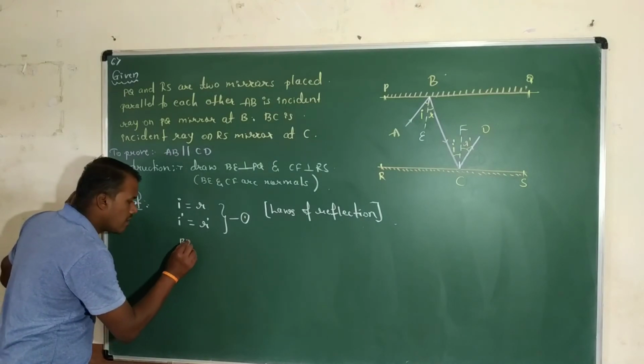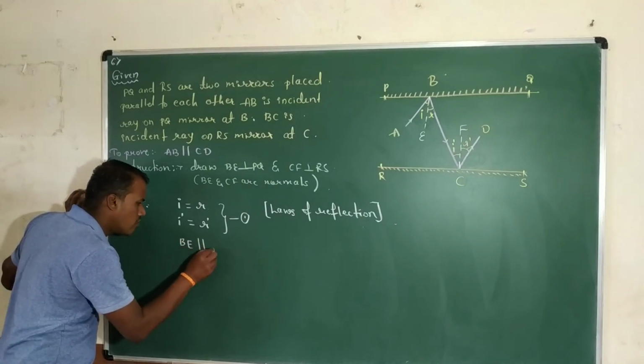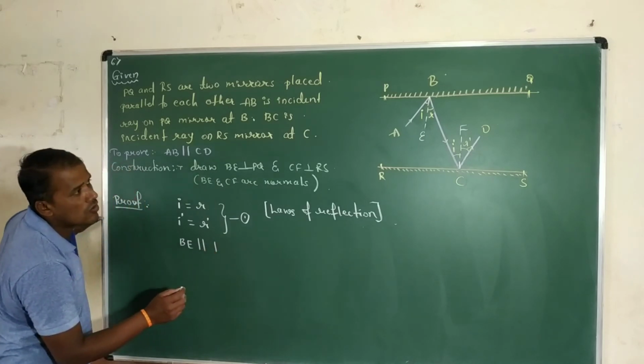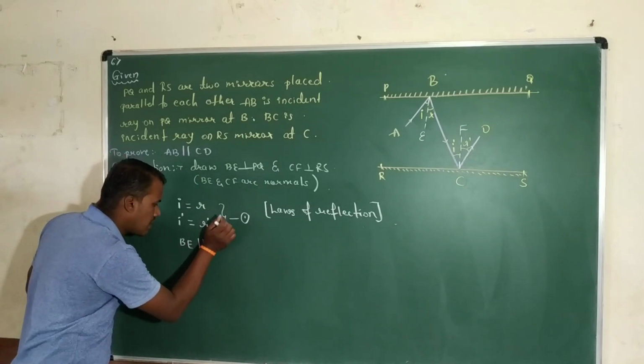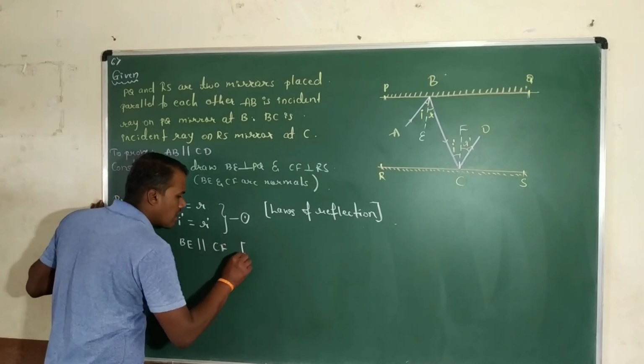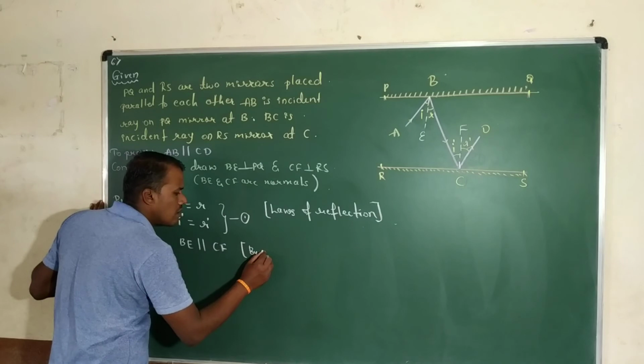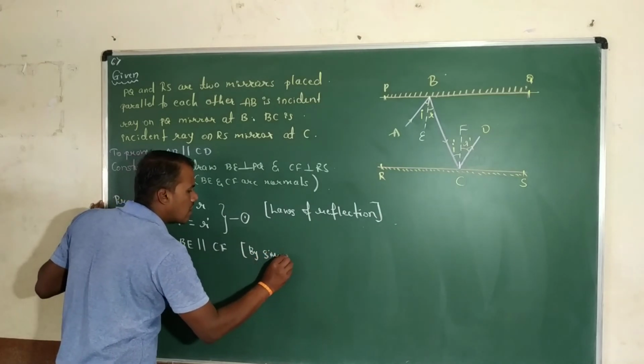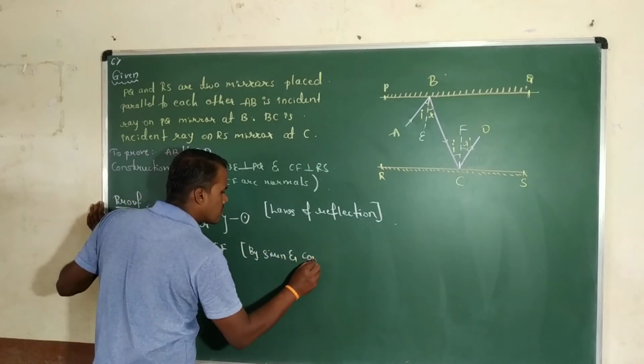First I will write BE parallel to CF, by given and construction.